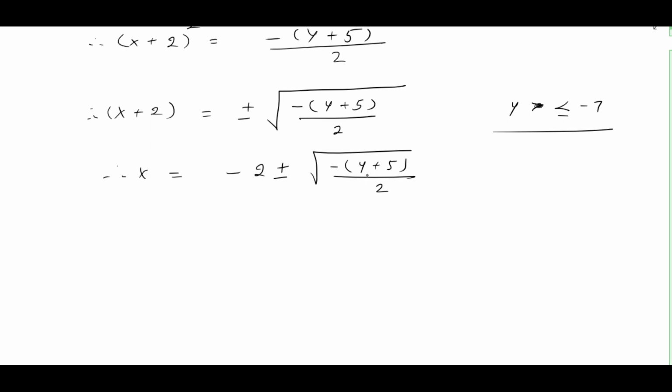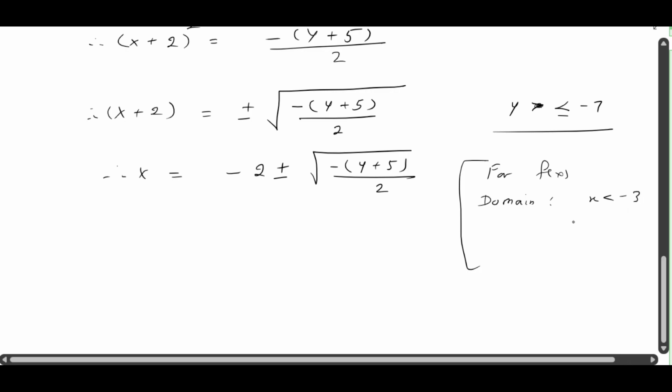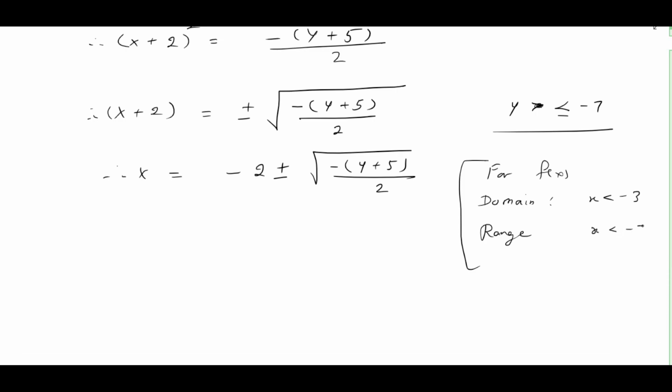If I see my domain for the function, let us discuss here, for function f(x), the domain was x less than -3, and the range was y less than -7.